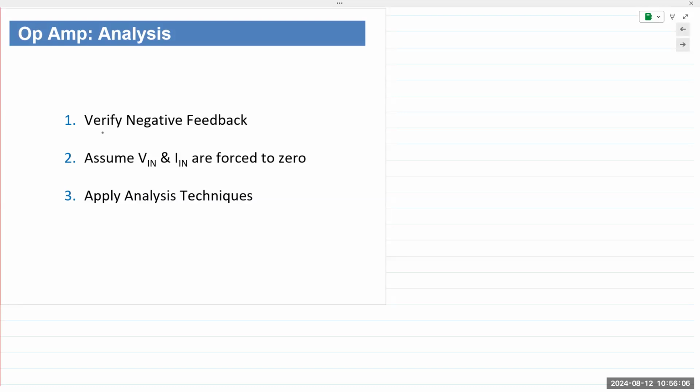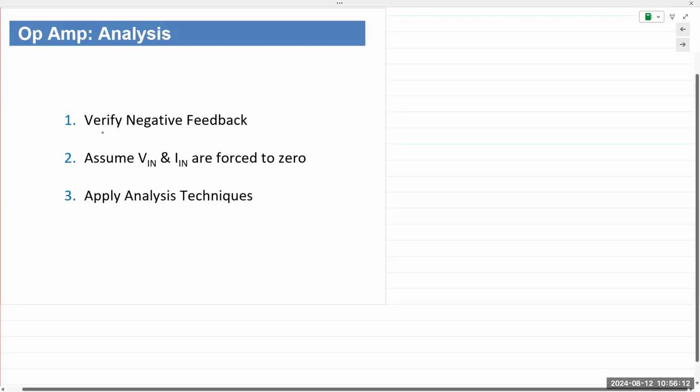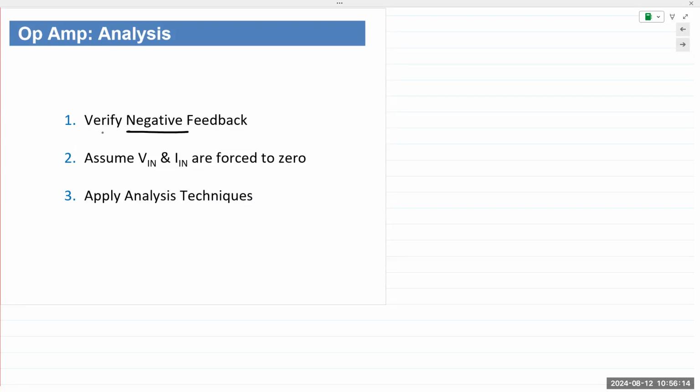So when you perform analysis, we first look at the feedback, whether it's negative or positive. For the most part, we'll be dealing with negative feedback. So you verify negative feedback. And because it's negative feedback, we assume that V in, the voltage and current, are being forced to zero. You have V in coming in to the non-inverting input, and the output is going back into the inverting terminal.